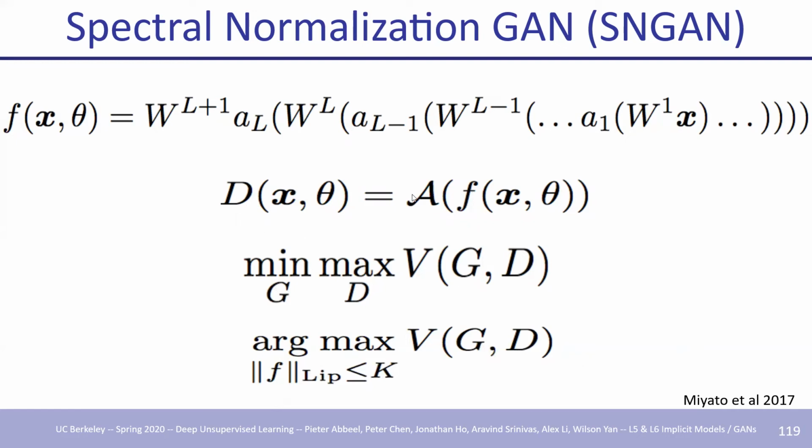I think this just means that A is some constant times the function F, the discriminator here, the Lipschitz function. This is just the formulation of the Wasserstein GAN.